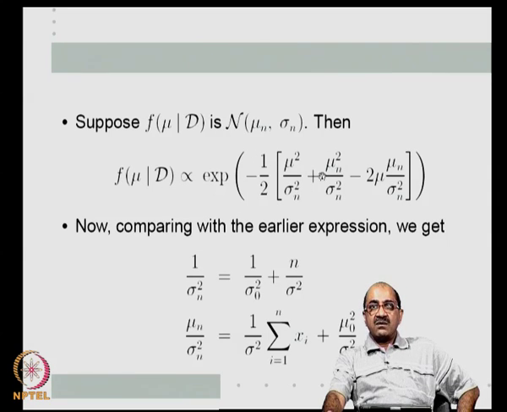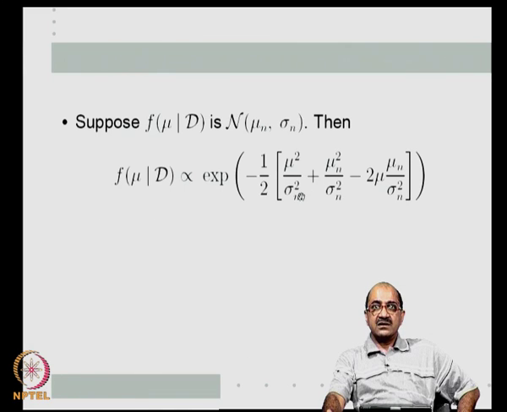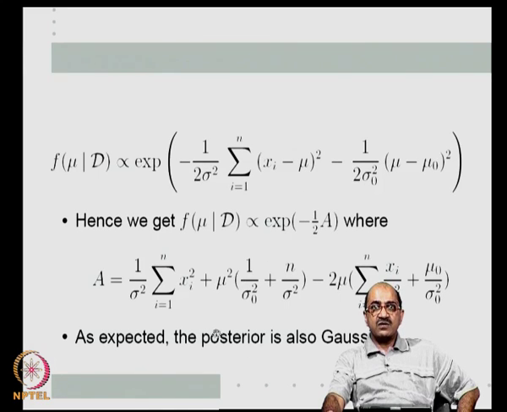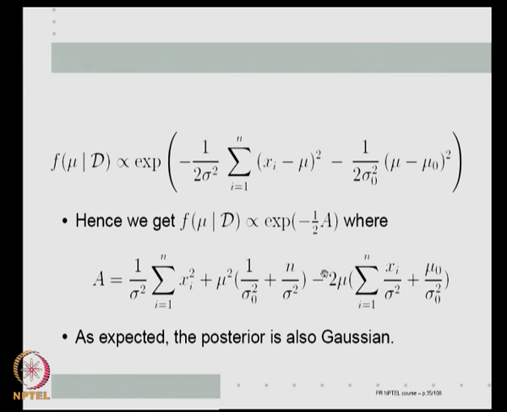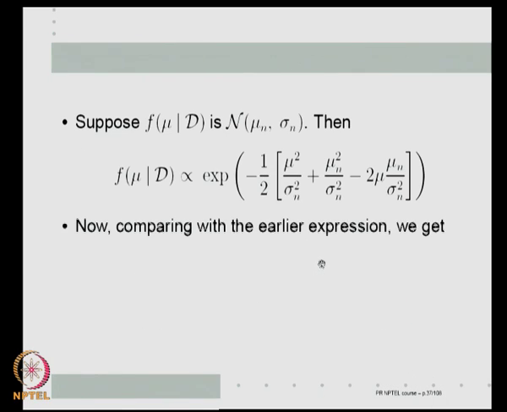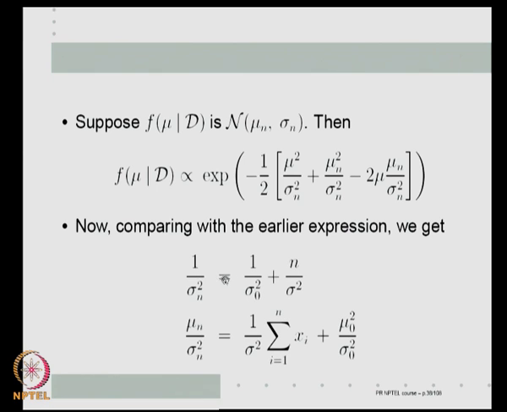So, comparing terms, we get the following. First, what is the coefficient of mu square here? 1 by sigma n square. What is the coefficient of mu square here? 1 by sigma 0 square plus n by sigma square, right. So, I get 1 by sigma n square is 1 by sigma 0 square plus n by sigma square.